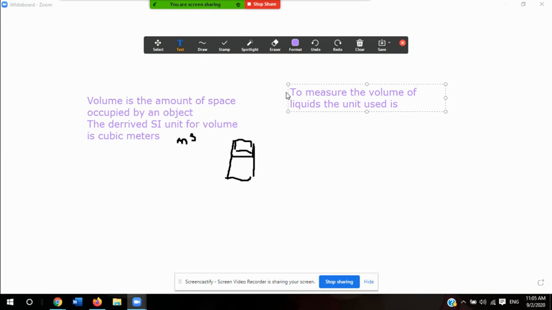Okay, the liter. So to measure the volume of liquid, it's usually the liter they're using.